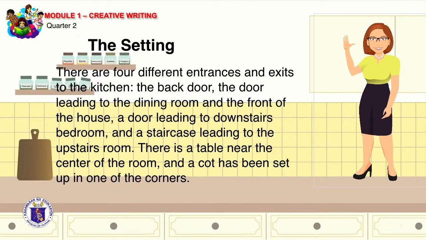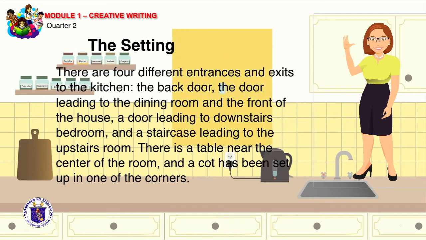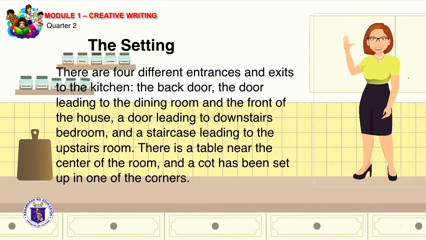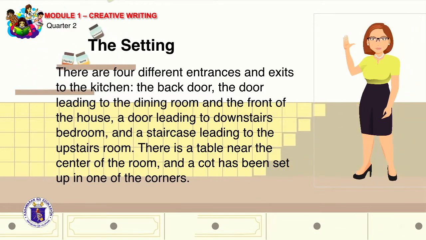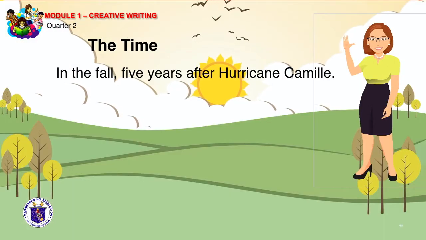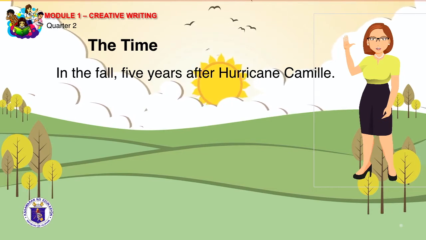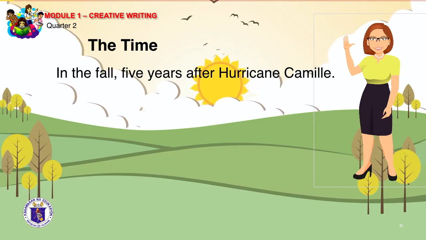There are four different entrances and exits to the kitchen: the back door, the door leading to the dining room and the front of the house, a door leading to a downstairs bedroom, and a staircase leading to the upstairs room. There is a table near the center of the room, and a cot has been set up in one of the corners. The play happens in the fall, five years after Hurricane Camille.